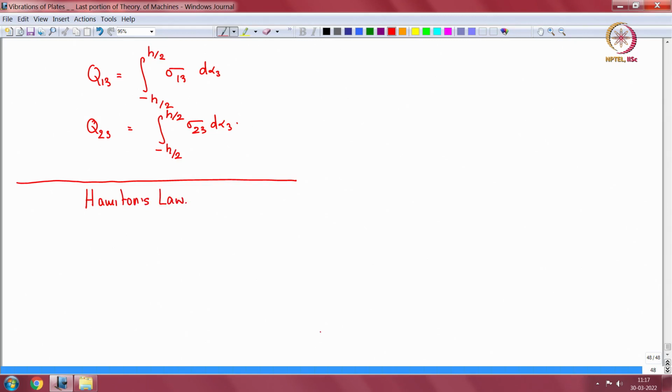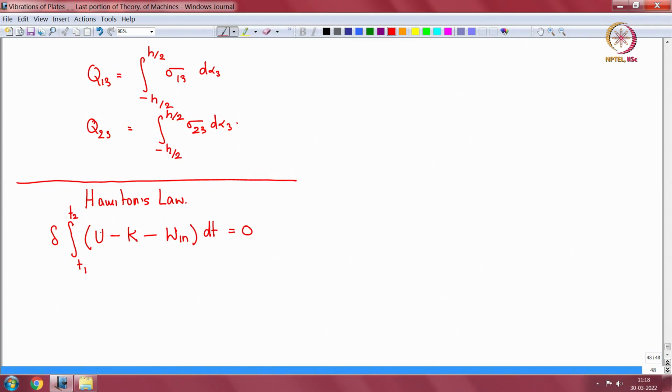So the form of Hamilton's law is the variation of this integral between two time points of this action, which is the potential energy minus the kinetic energy minus other terms, which are, let us say, the boundary term and the loading term, dt is equal to 0.